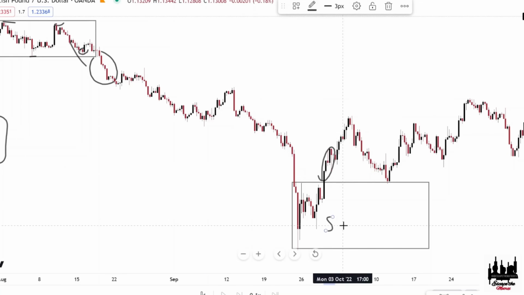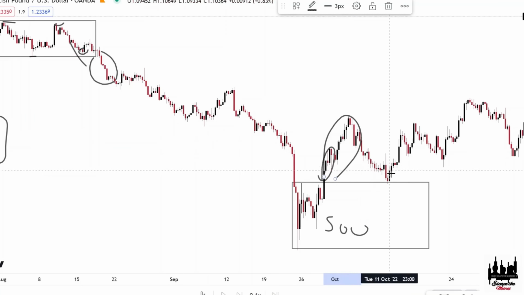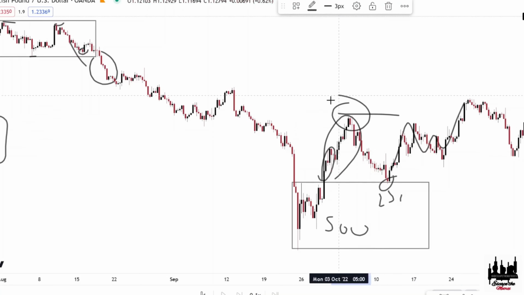If there was $500 here, price used, let's say, $200 to make this move. So when later price comes back, there's still $250 left for another expansion move to take out this high that was caused by this $200 move. That's how you want to kind of look at it.